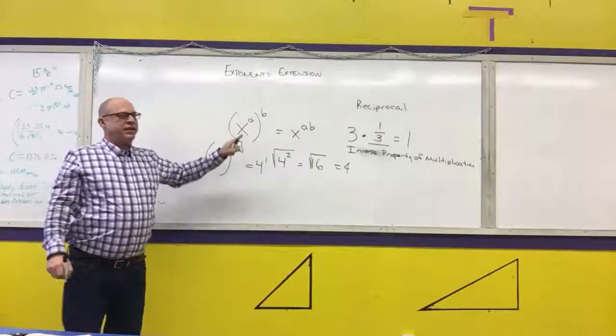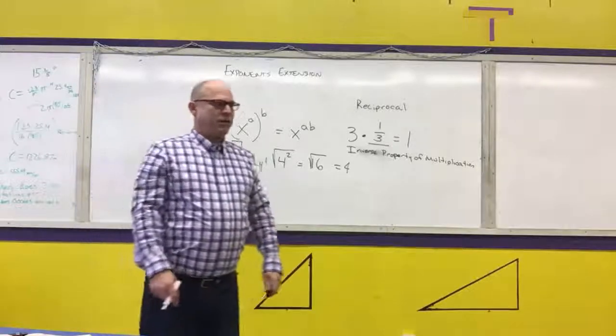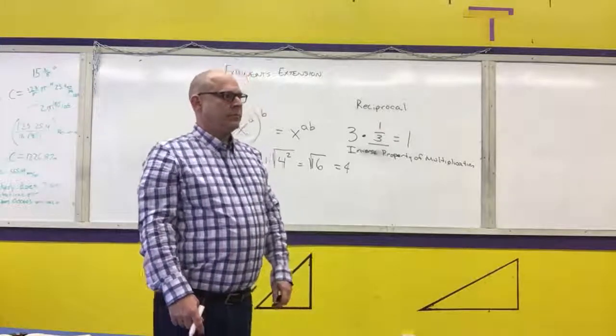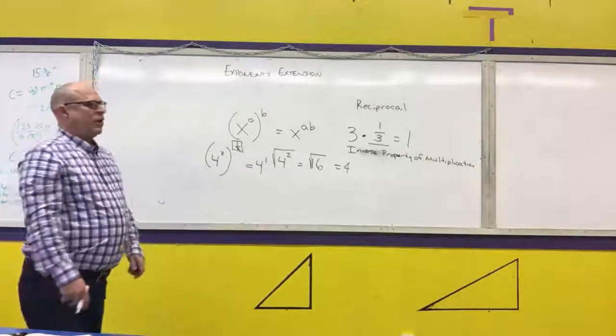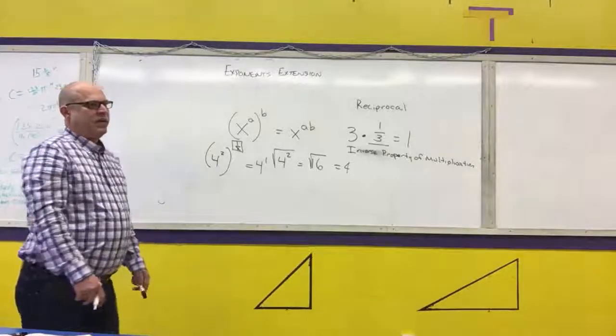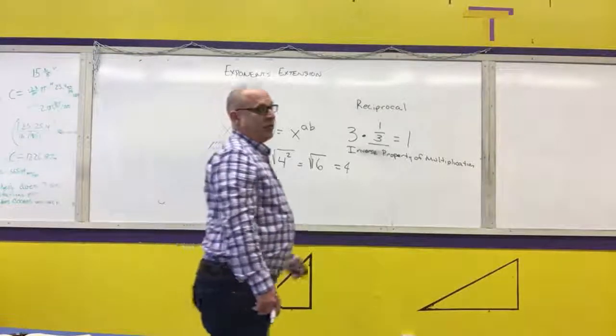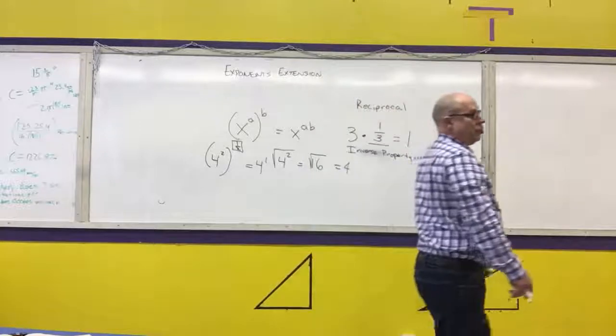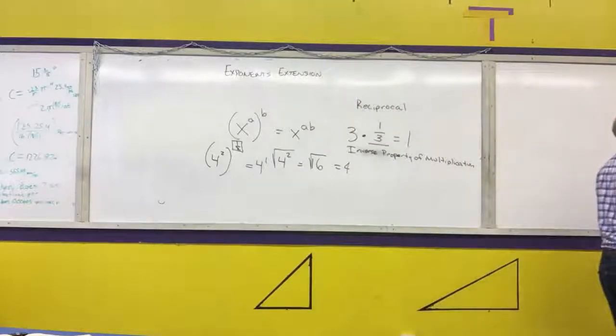A square root is raising something to the 1/2 power. What do you think raising something to the 1/3 power would be? Cube root. Cubing it would be raising it to the 3rd power.